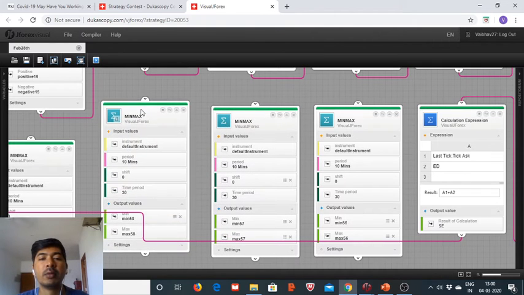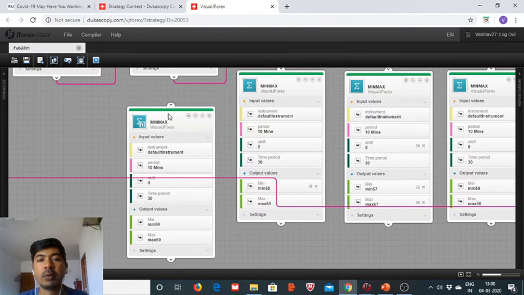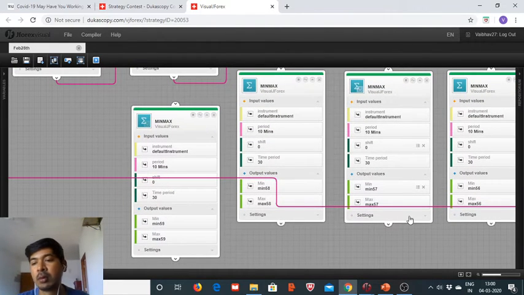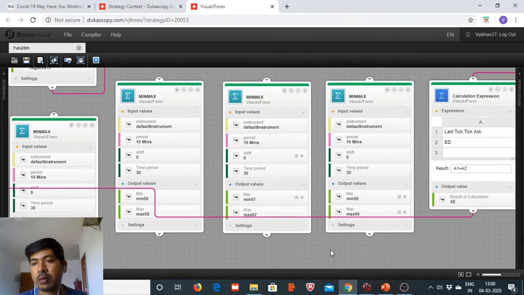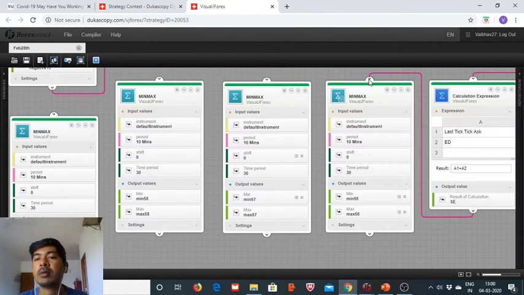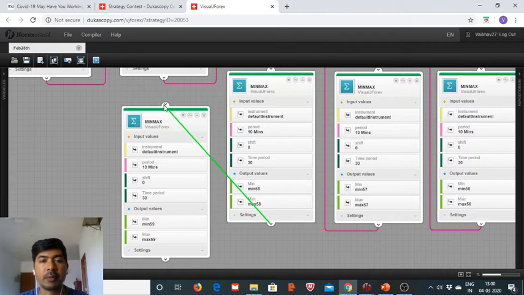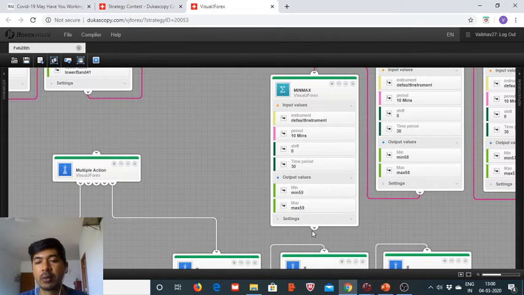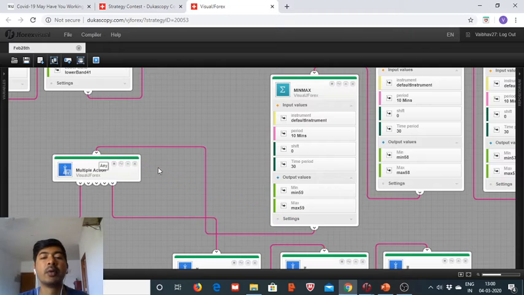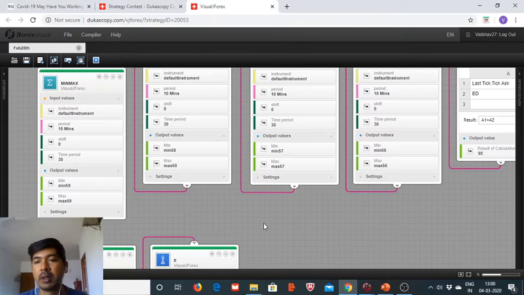And then we will connect this to the multiple action, where two flows will go out, one in the buy direction and one in the sell direction.